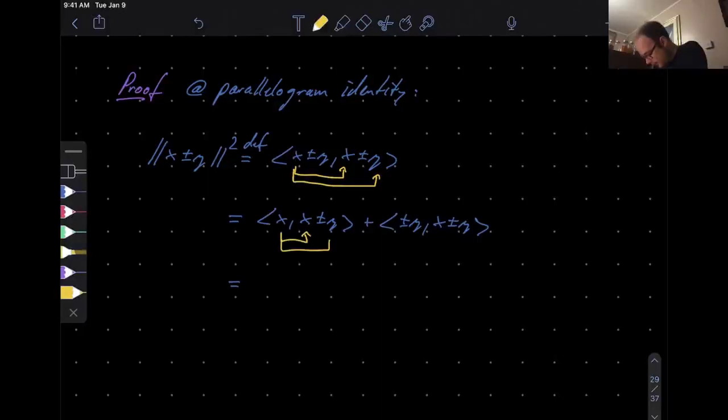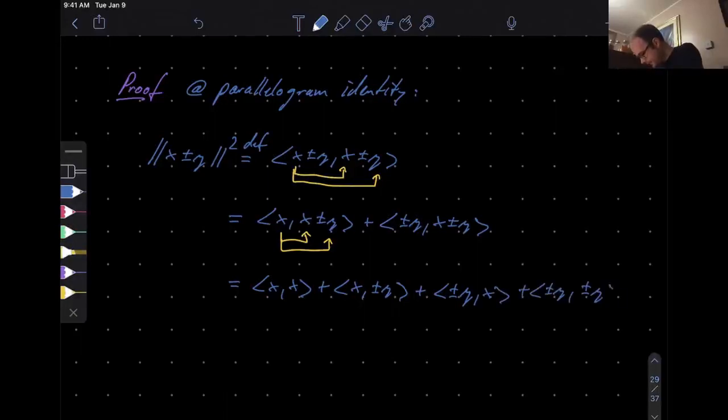Here and there, you get x comma x plus minus y, plus minus y comma x, and then plus minus y, plus minus y like this. All right, then you remember that you have a linearity in the first vector and you have a conjugate symmetry.